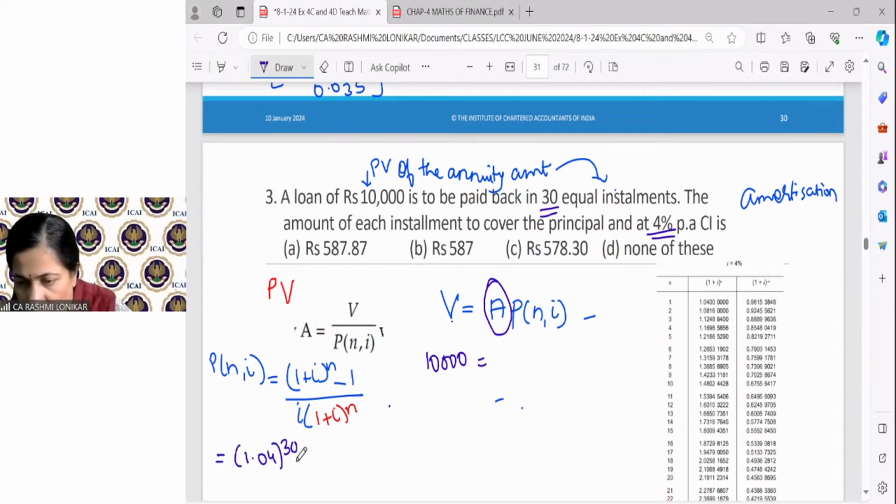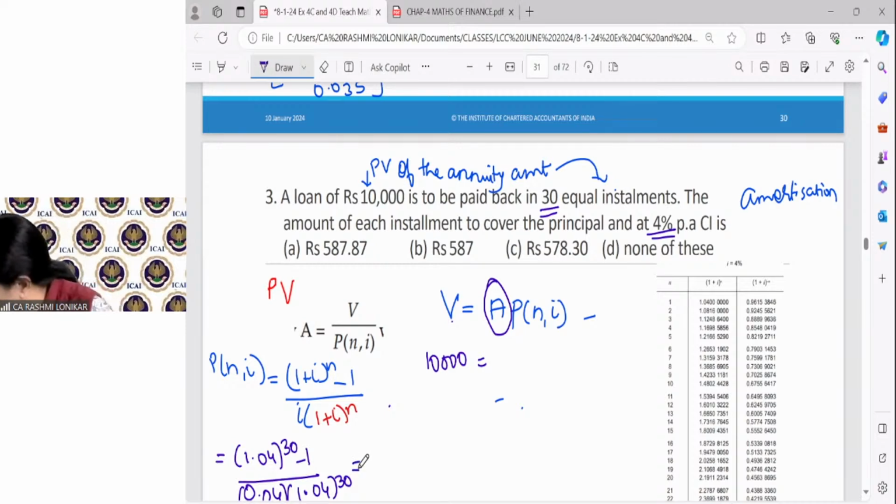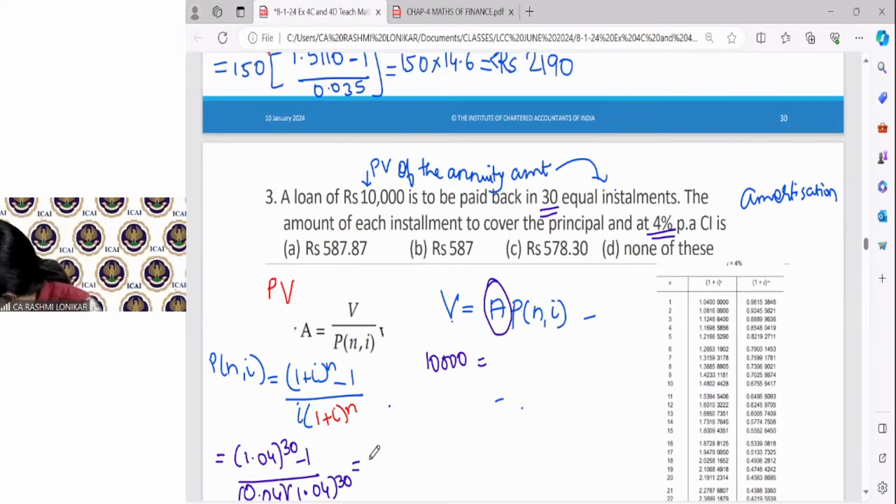So I have 1.04 raised to 30 minus 1 upon 0.04 into 1.04 raised to 30. So this is equal to how much? 17.29.